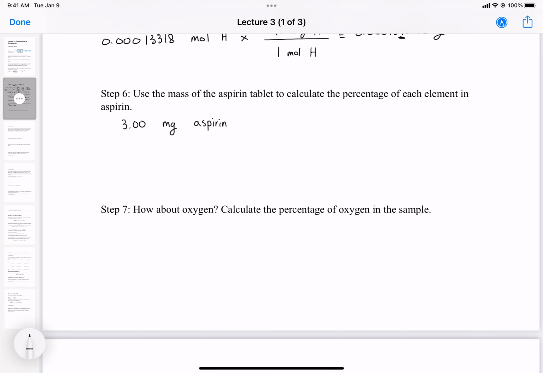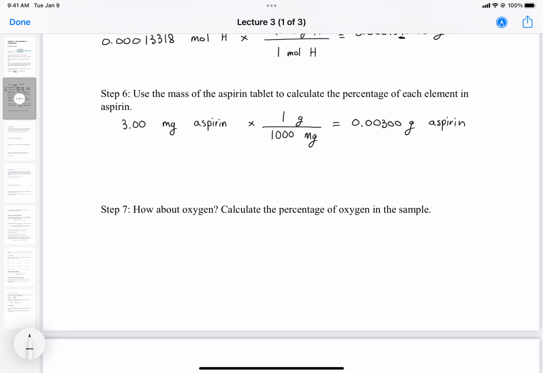So let's just convert this to grams just to get practice with our dimensional analysis skills. Okay, so that's how much aspirin we have.